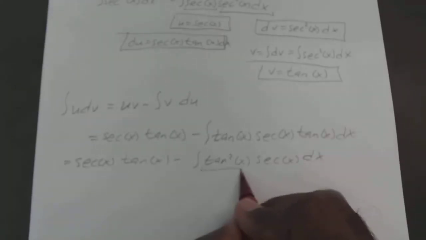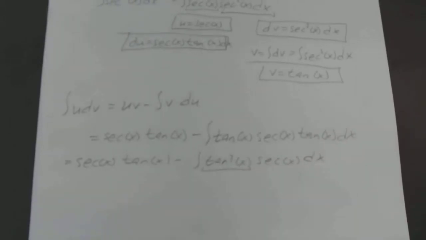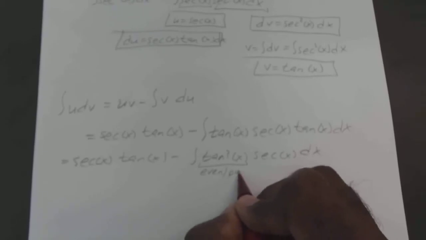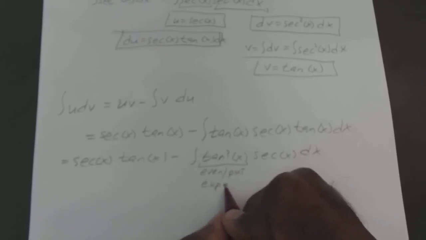Okay. Now for this one, we can notice that it's an even positive exponent, which means we're going to replace that with secant squared x minus 1.